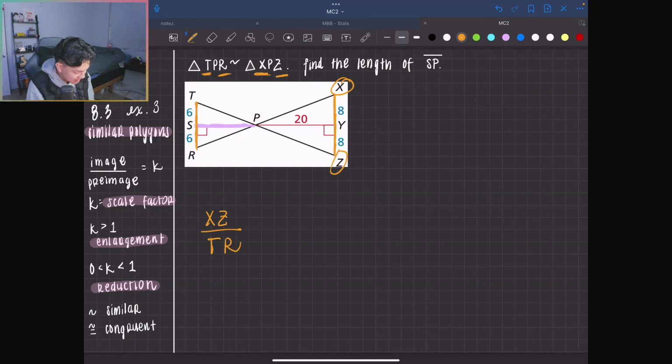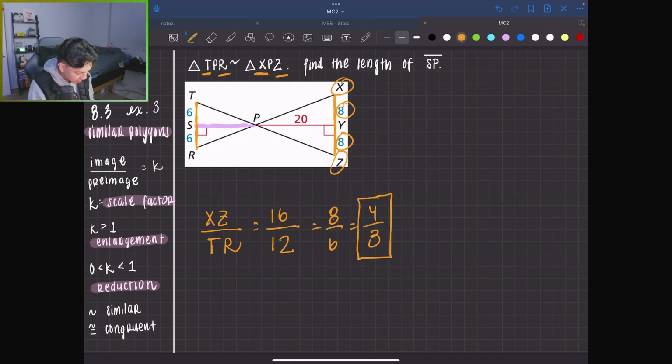So from X to Z, it is 8 and 8, so 16, over 6 and 6, which is 12. Let's simplify this fraction. These are both even numbers, so I could do 8 over 6 and then 4 over 3. So right now, we have a scale factor of 4/3. And let's go ahead and apply the same logic to this 20 over here, and then this missing value over here.